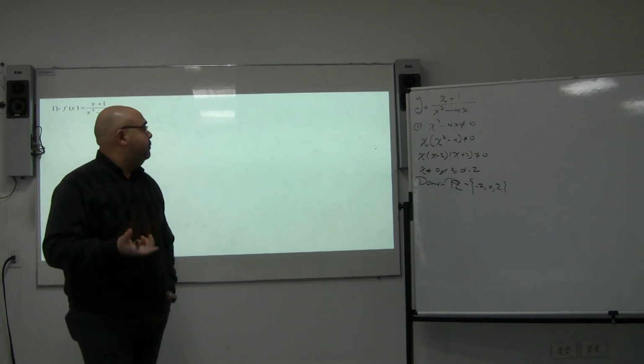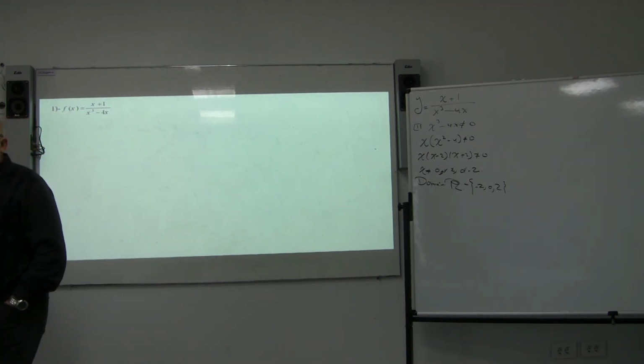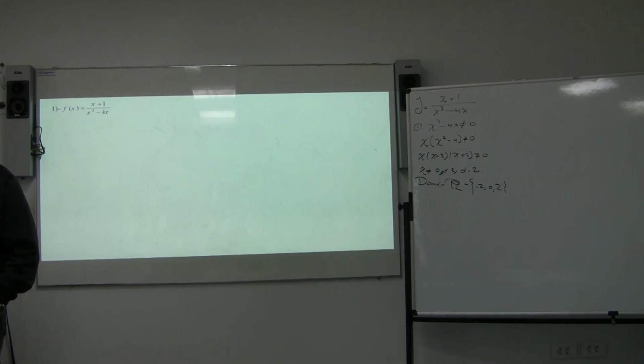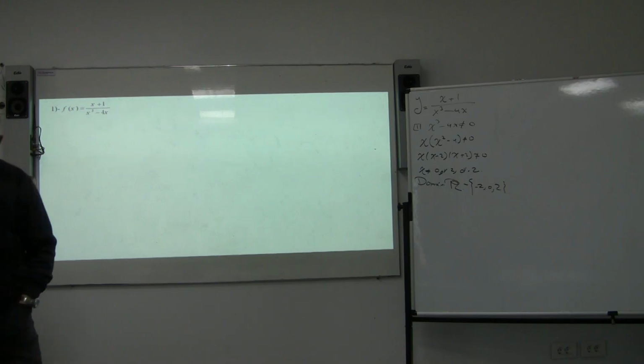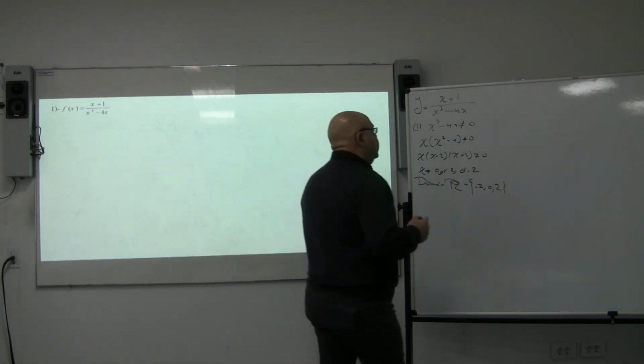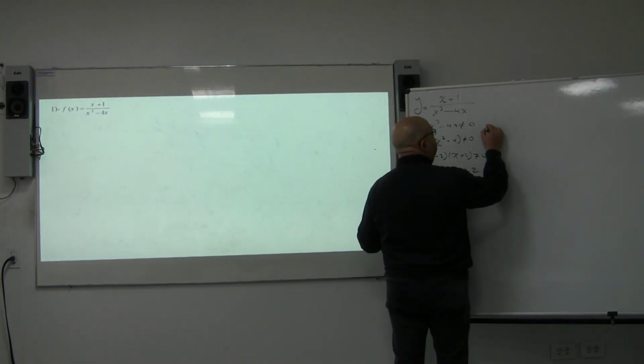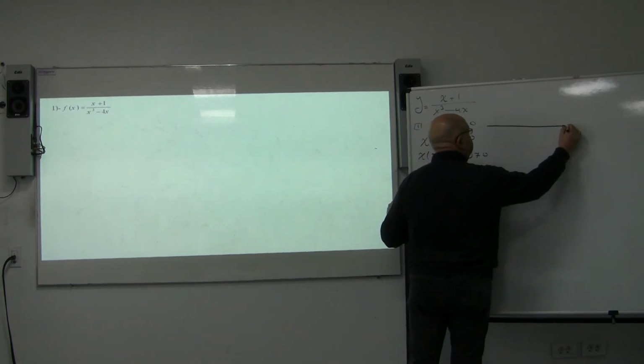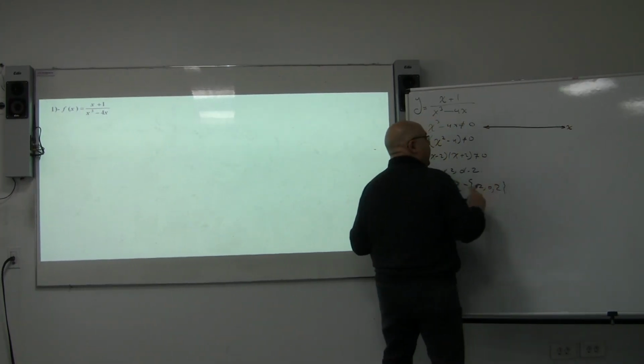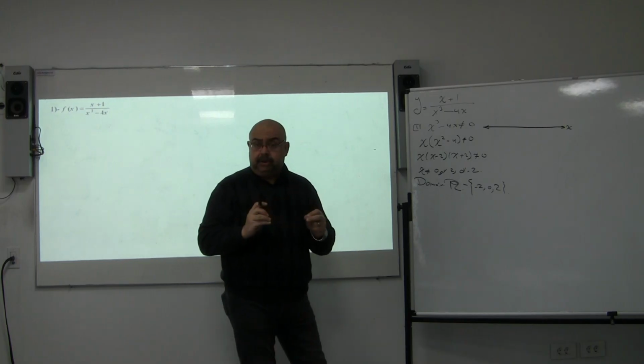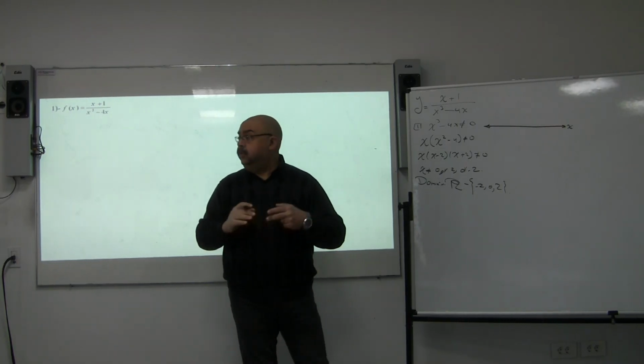But here, the problem is the numerator is first degree, and the denominator is third degree. So what to do? I usually find this very, very successful. I will start with the x-axis. This is the x-axis. And then I will start putting the points that are forbidden.